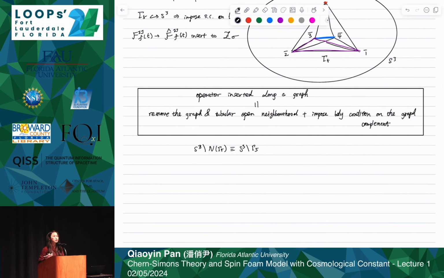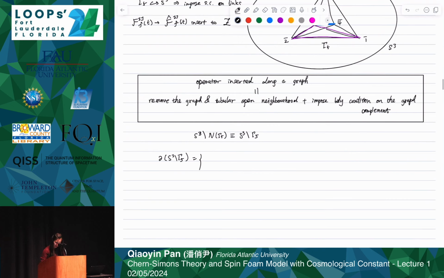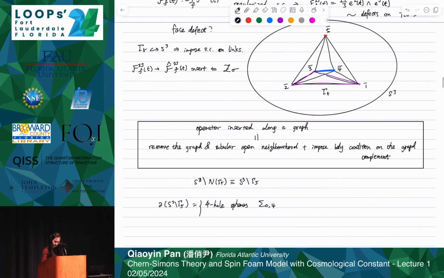And what kind of boundary does it have? The boundary of this graph complement three manifold has two parts. The first part is a four-hole sphere, which I would denote by sigma 0, 4, because the genus is 0. And this is created by removing the nodes.